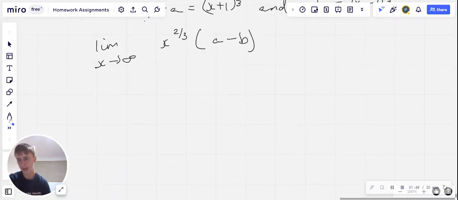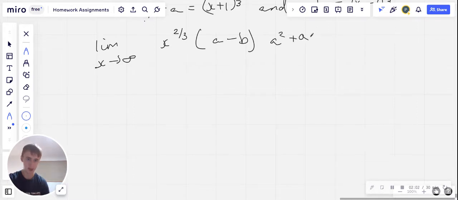Now, a minus b can be turned into a cubed minus b cubed, to get rid of the cube root signs, if you multiply it by a squared plus ab plus b squared. So we're going to multiply this limit by a squared plus ab plus b squared over a squared plus ab plus b squared.